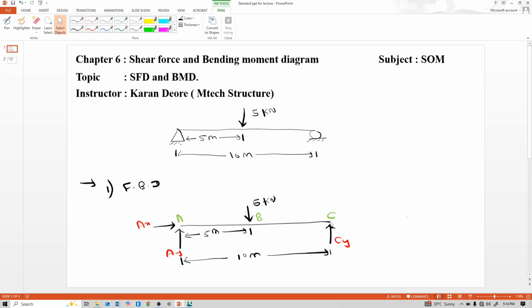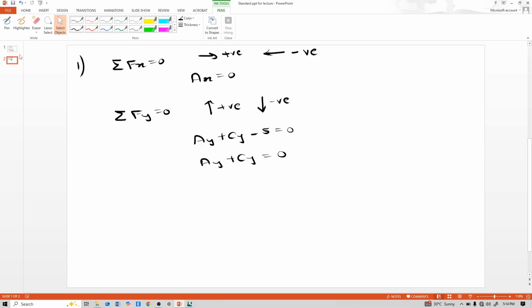If we take moment at C, this 5 kilonewton and this AY come, and if you take moment at A, this CY and 5 come. That means take anywhere. I take moment at A, summation of moment at A equal to 0. See, clockwise moment is positive and anti-clockwise moment is negative.